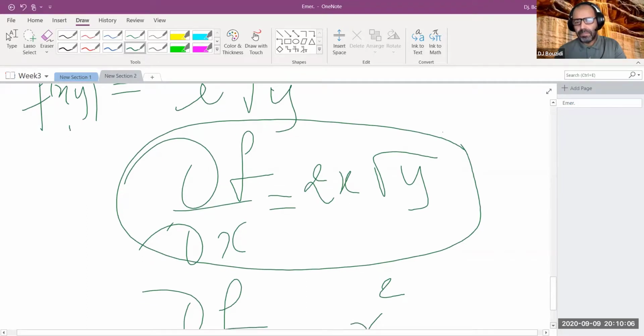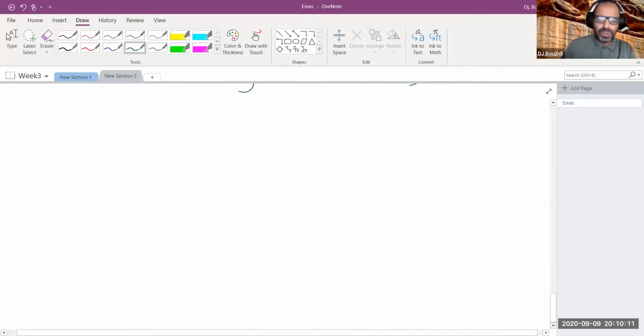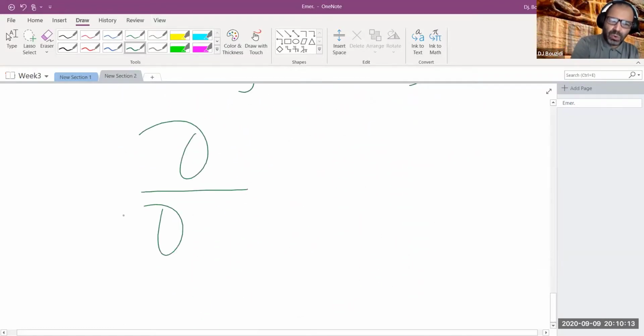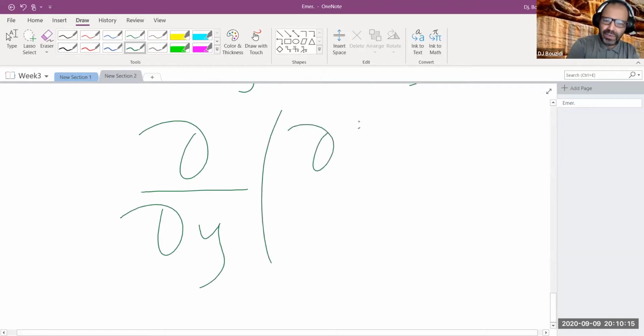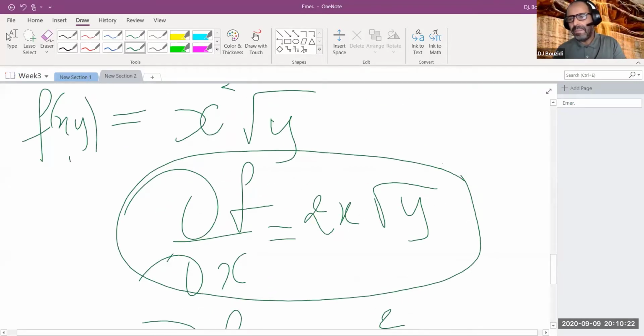So it's 2x square root of y. So the derivative with respect to y of the derivative of the function with respect to x. Remember, the derivative of the function with respect to x is 2x square root of y. So it's going to be x over square root of y, yes, correct.